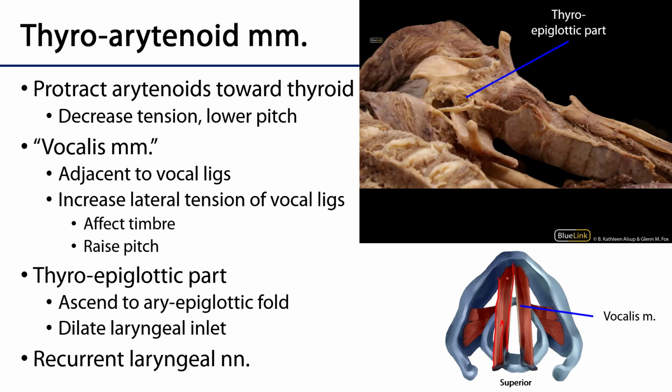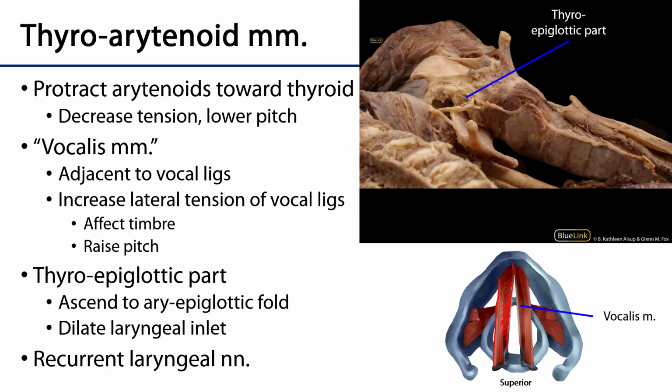But there are specialized fibers here. There are a couple of specialized fibers of the thyroarytenoids. These are attaching directly on the vocal ligaments, and as they pull on the vocal ligaments, that can do one of two things.